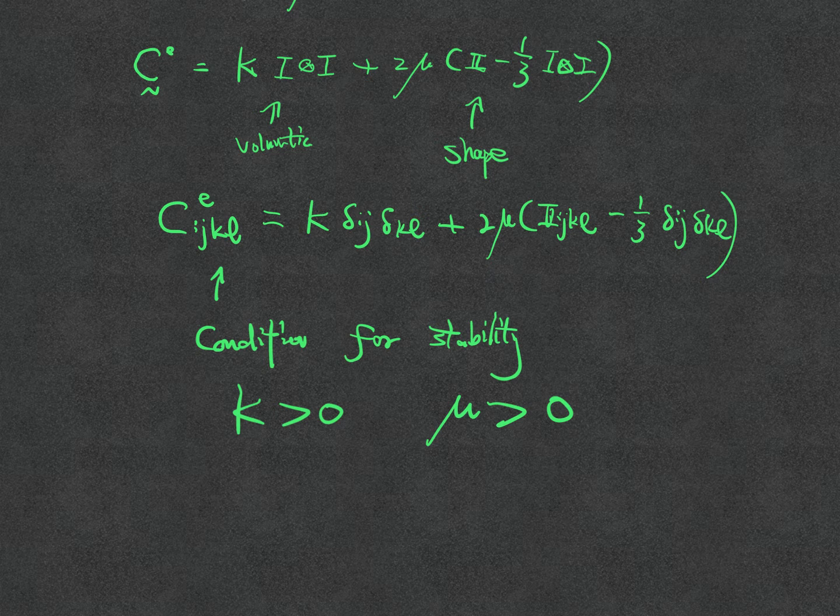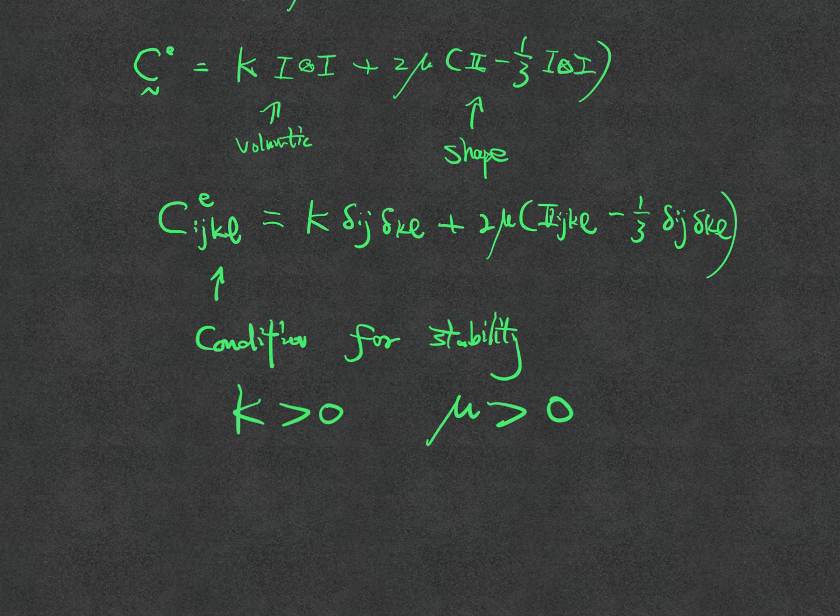Now, what happens if something is incompressible? What would be the compressive wave speed if it's incompressible? A material that is incompressible means the following: no matter how much volumetric stress I try to put in there, if the material is isotropic, I won't get any volumetric strain.